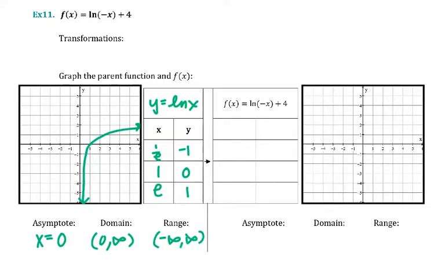So we have two values that are added to this parent that change it. We have a negative in front of the x and a plus 4. And what that negative does is it's going to cause this graph to reflect horizontally. And reflecting horizontally, we're going to reflect over the y-axis.